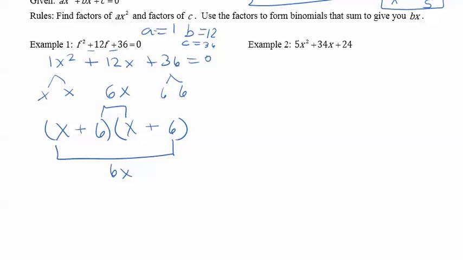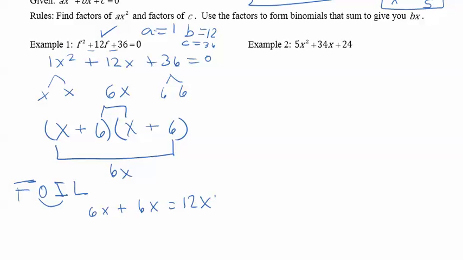Remember that when we learned how to multiply polynomials using the FOIL method, my inside and outside terms, when I add those up, give me my final middle term. So in this case, if I have 6x plus 6x, that's going to give me 12x. Well, that's exactly what I have in the middle here.